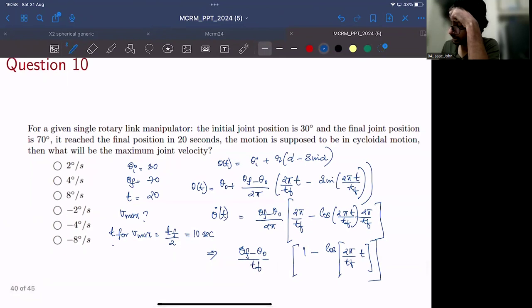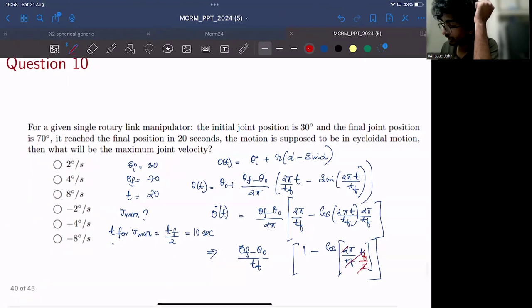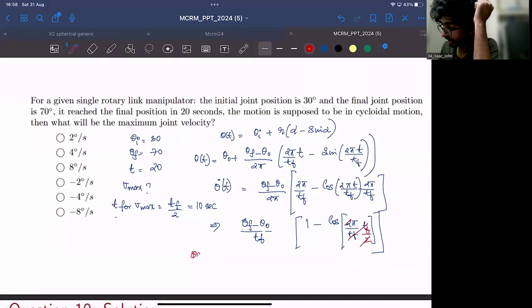So to find the velocity, we have to substitute this t as tf by 2. Once I am doing that, this 2 and 2 will get cancelled, and this tf and tf will get cancelled. So you will end up with (theta f minus theta 0) by tf, times 1 minus cos pi.